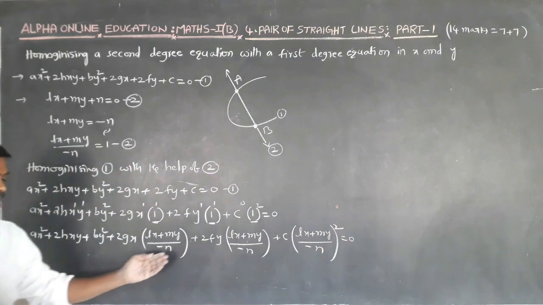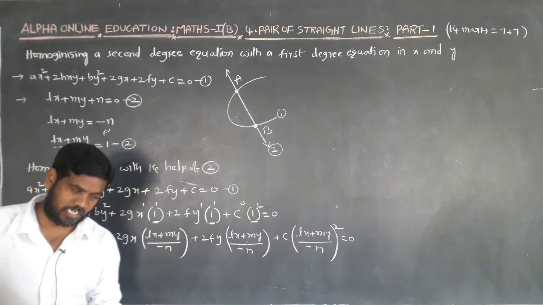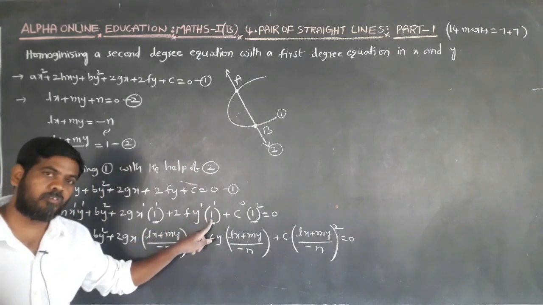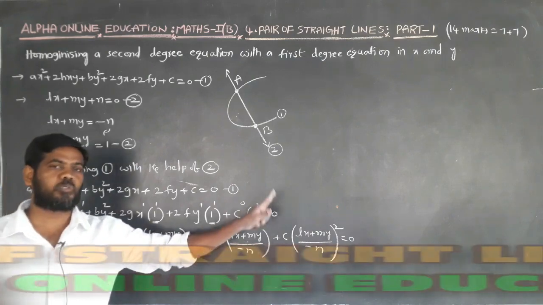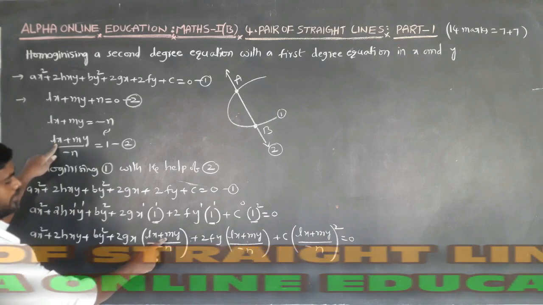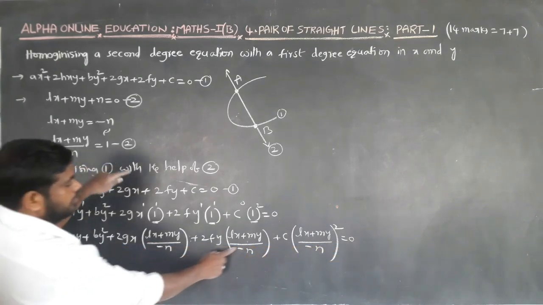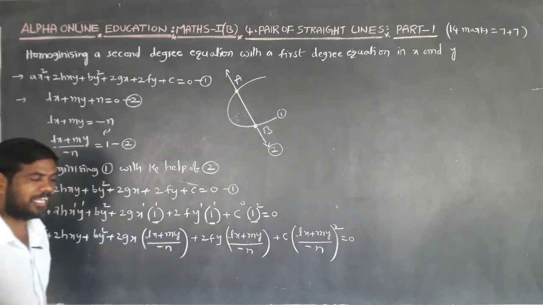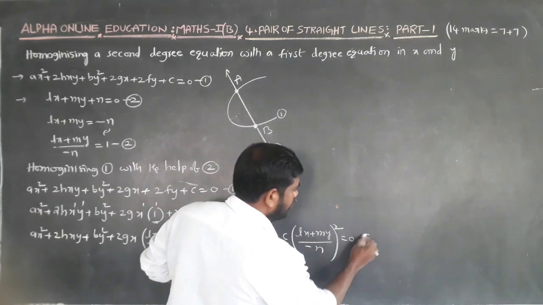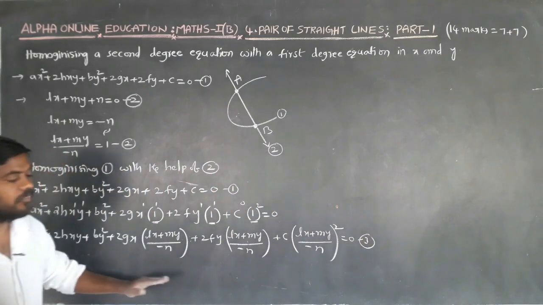This is the process for homogenization: the x term into 1, plus the y term into 1, plus the constant into 1 square, where 1 is substituted by lx plus my by minus n. This is the simplification, and this is equation 3.